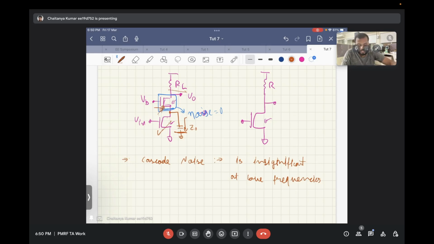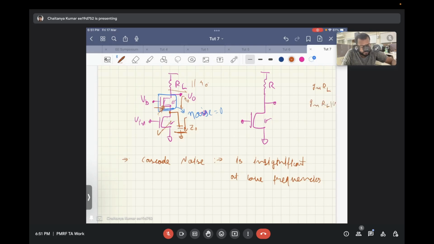Why are you having this cascode over here? The purpose of having this cascode in the first place was to increase the gain. In what case will the gain reduce? If there is some output resistance R naught, R naught will come in parallel with RL. So if the gain you wanted was GM times RL, you won't get GM times RL.